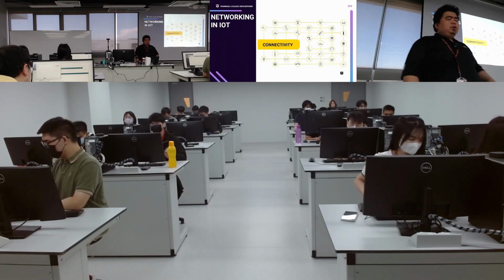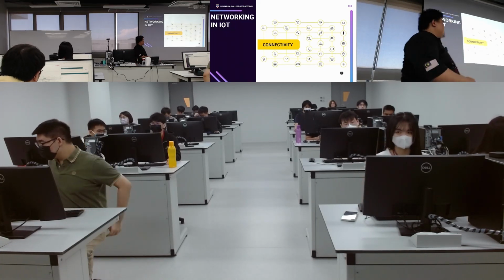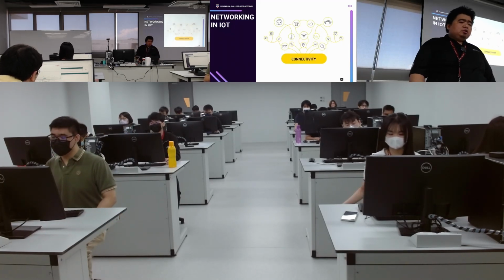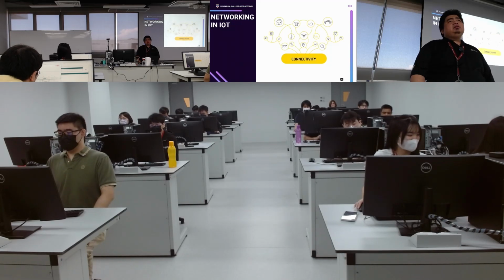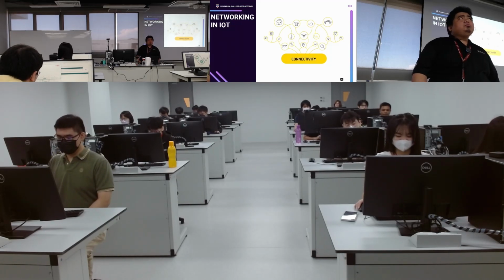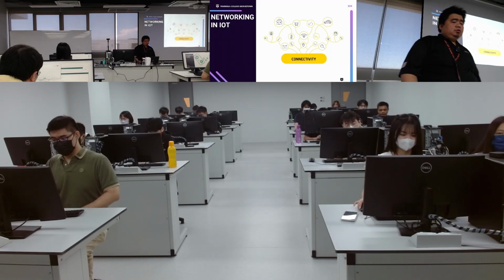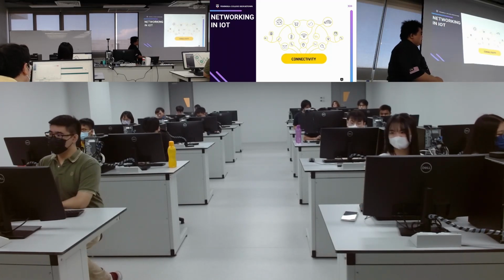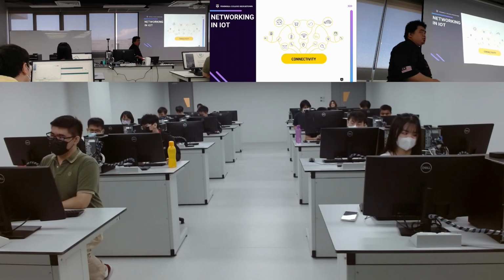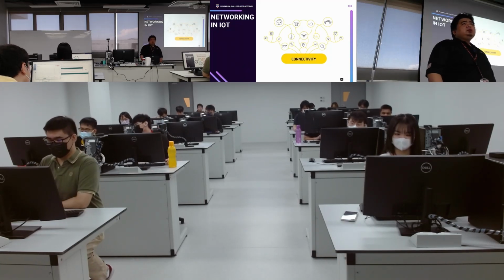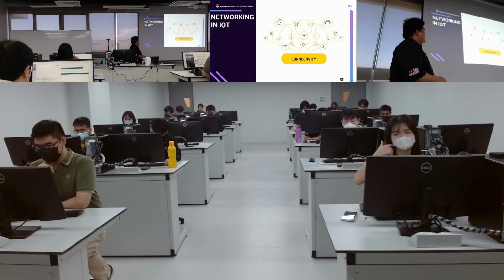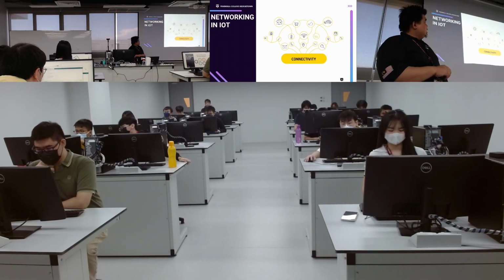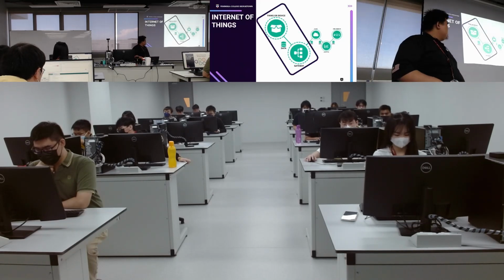So we need to apply connectivity to our system. Connectivity can be done by various methods. If you can see here, it can be location, a phone call, which we call GSM, a message, an email, or Wi-Fi.